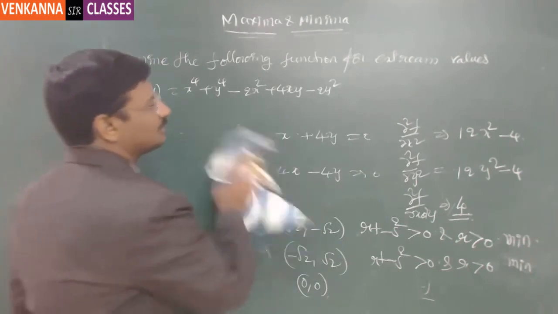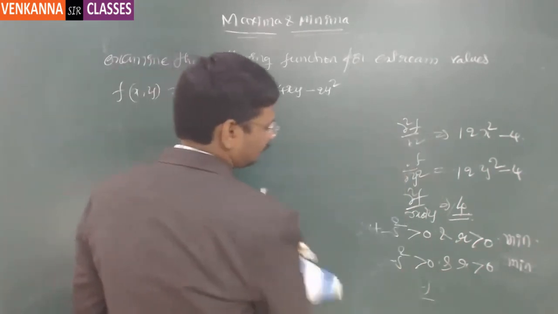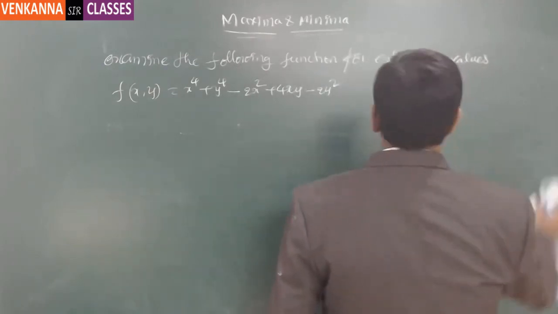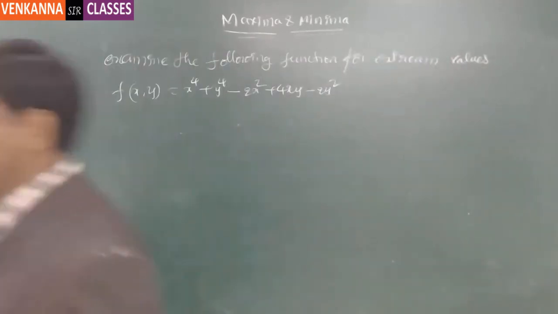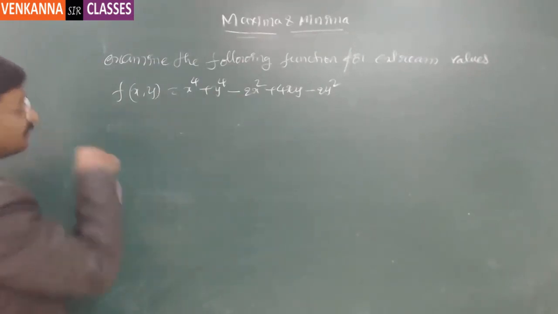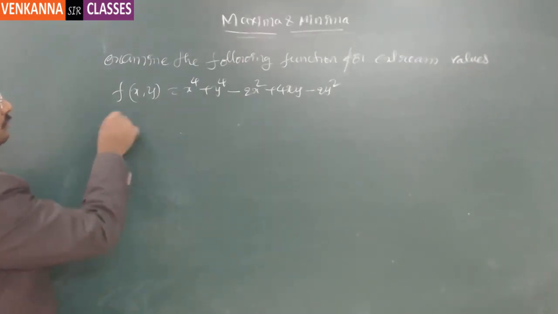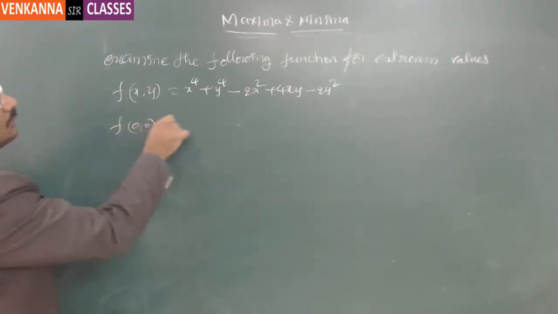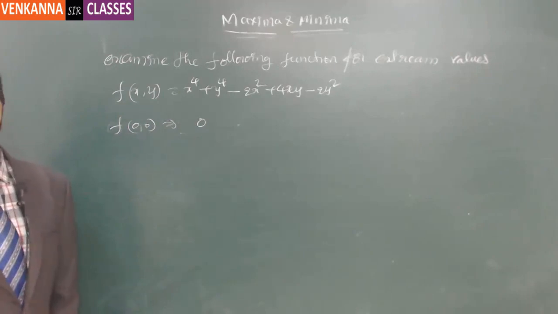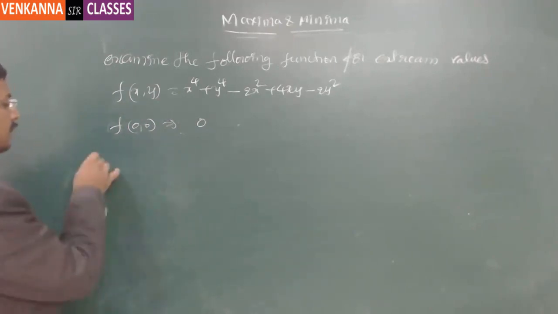So that is at 0, 0. Now we take one case, that is the function value f of x comma y is nothing but the function value f of 0, 0. So what is this value? This is coming out to be 0. Now we will take one case along x-axis.